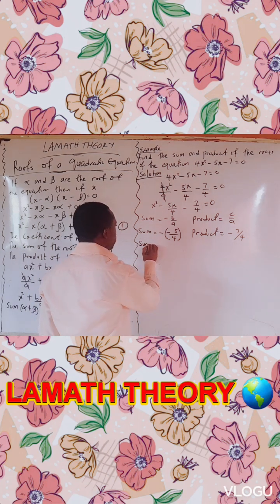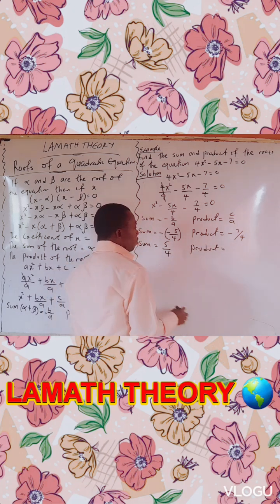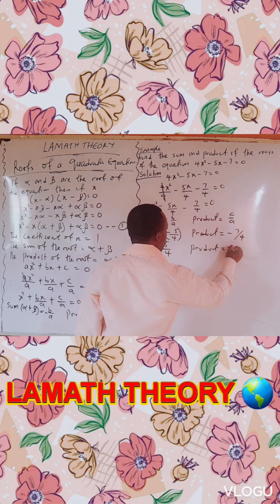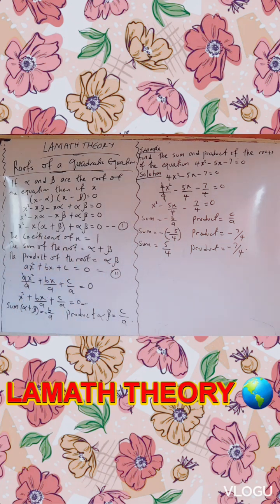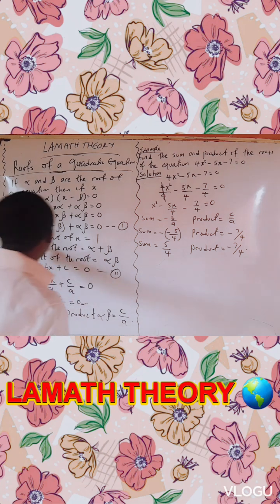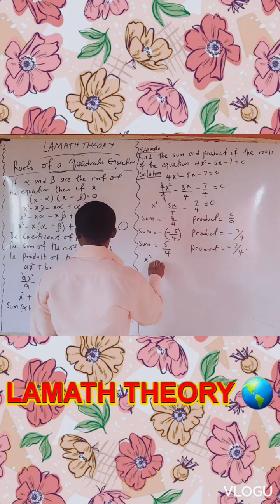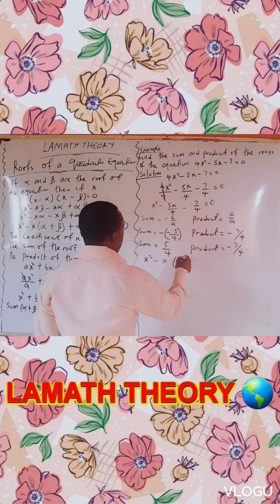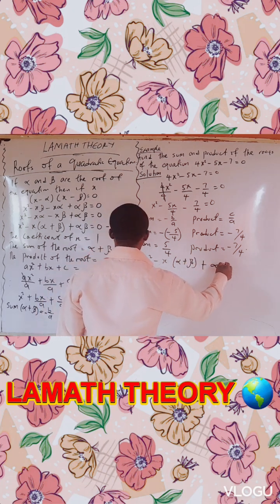So we have sum equals minus times minus, that is plus, so we have 5 over 4. Then our product is minus 7 over 4. So now we can go back to equation 1, where we have x squared minus s, alpha plus beta, plus alpha beta equals 0.